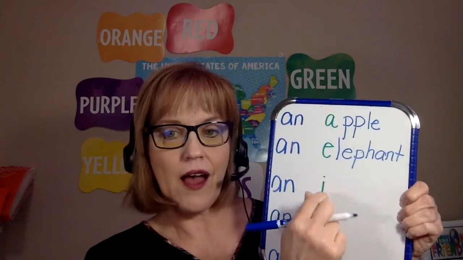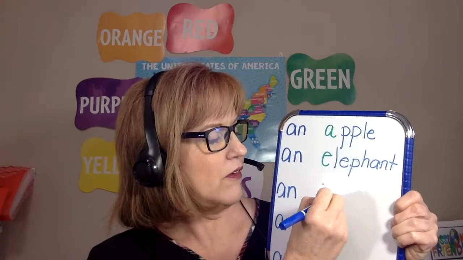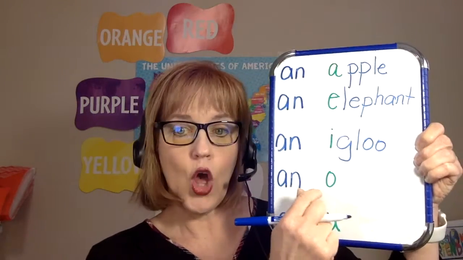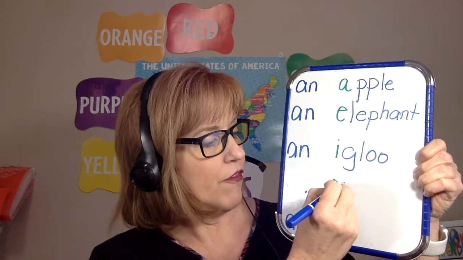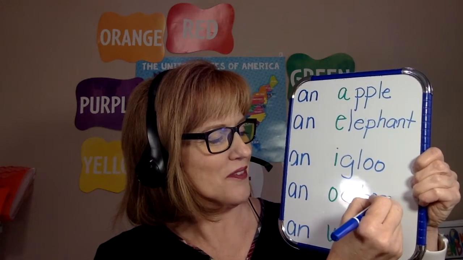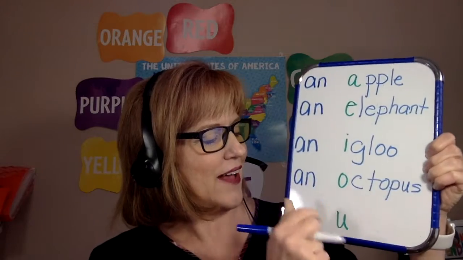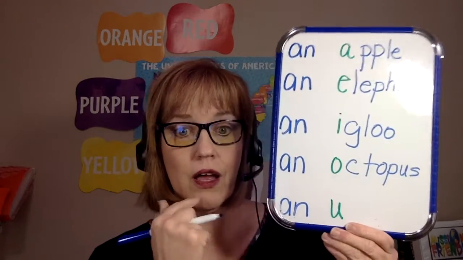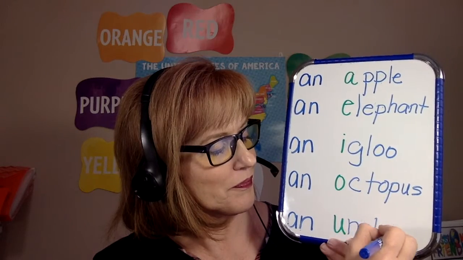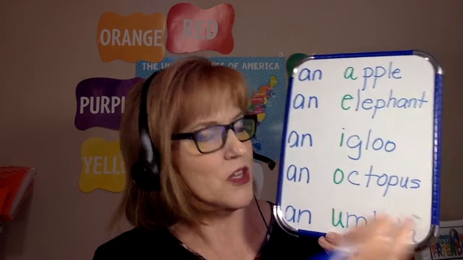Then we'll go through the I sound and we'll do igloo. The O, many of them think of octopus. So I'll write this word down. And then lastly the U, and then we'll write down umbrella. So we'll practice.